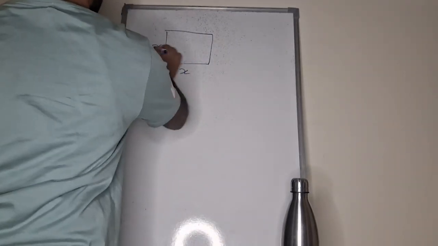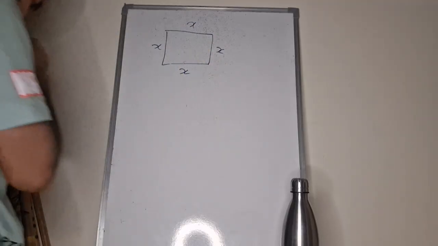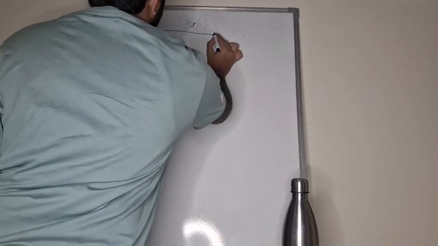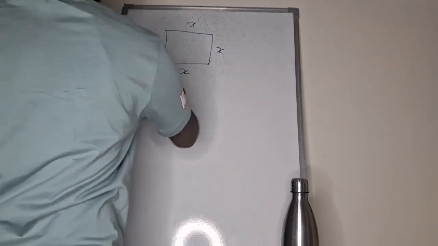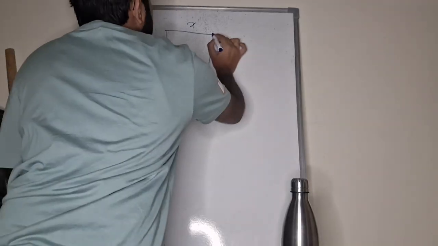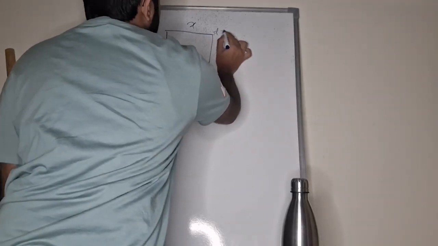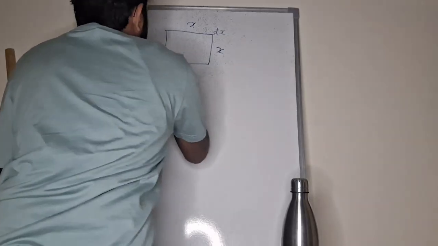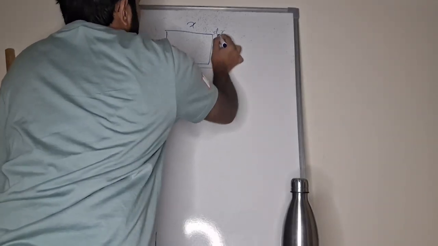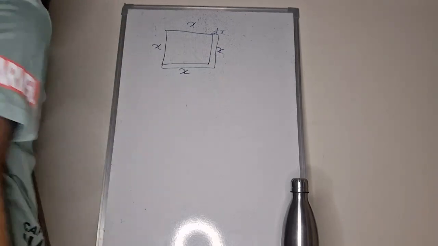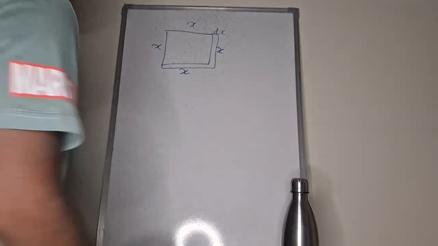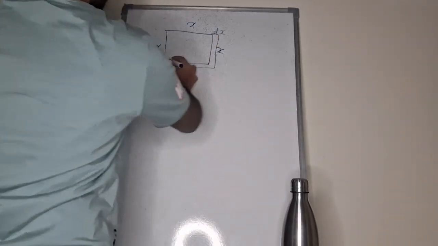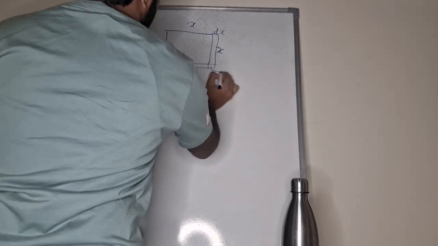Imagine there is this square with sides x, x, x, x. Now, the length and the breadth are increased with an infinitesimal amount dx. Okay, so it's infinitesimal, but just so that you can see it, I've drawn it this way. So now we have these two rectangles and this tiny square.